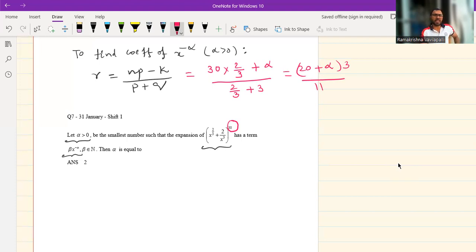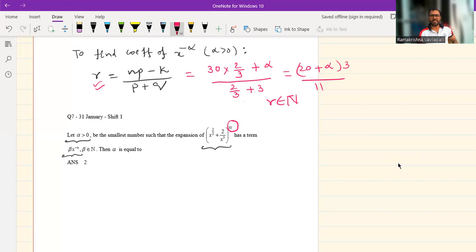So here R is an integer. R is an integer, right? So R belongs to Z. Here, in fact, this is a natural number. So for what value of alpha will R be a natural number? Here 20 plus alpha must be divisible by 11, right?